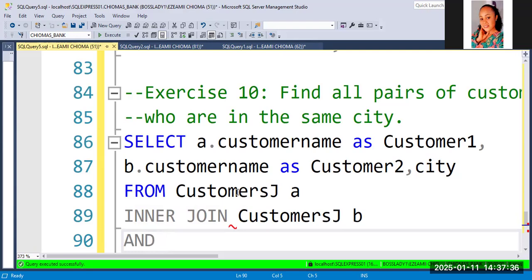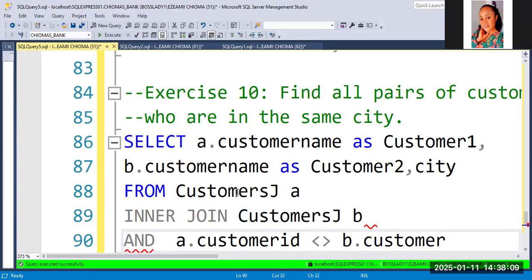So we give this B table, and we can also filter on our tables. So we do A dot customer ID, is not equal to B dot customer ID.